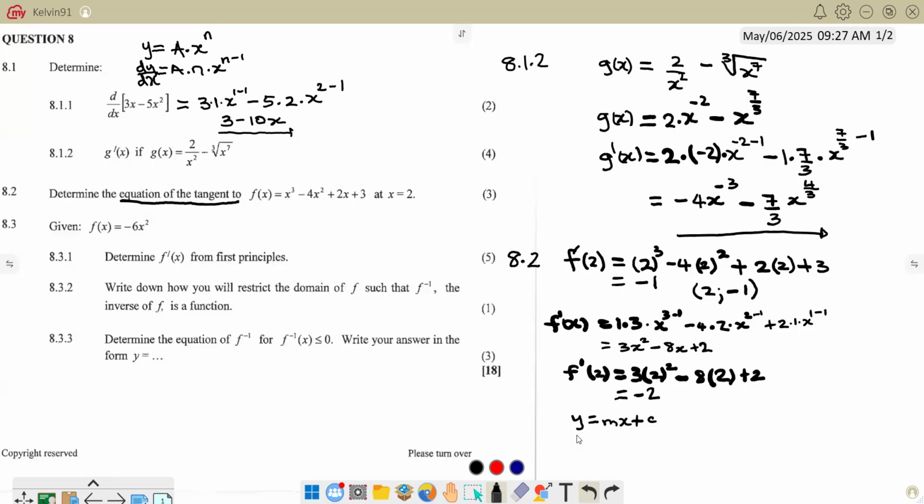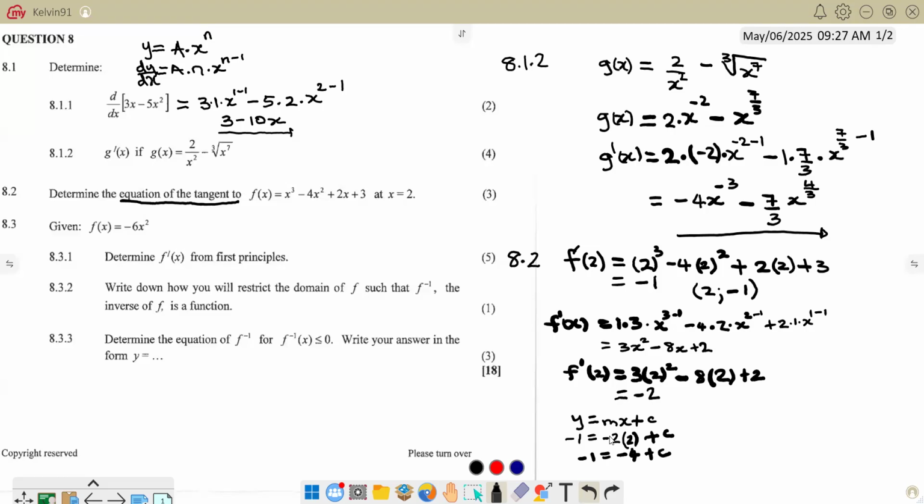Where there is y, we are going to put a negative 1, equal to our gradient, which is negative 2, our x coordinate is 2, then plus c. Make c the subject of the formula. So minus 1 equal to minus 4 plus c.